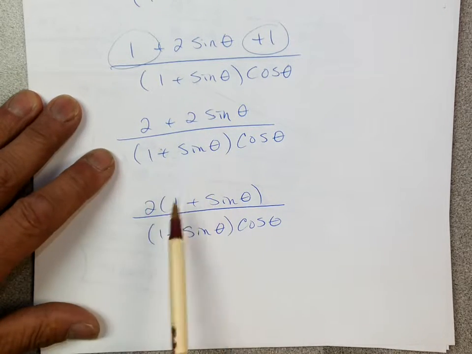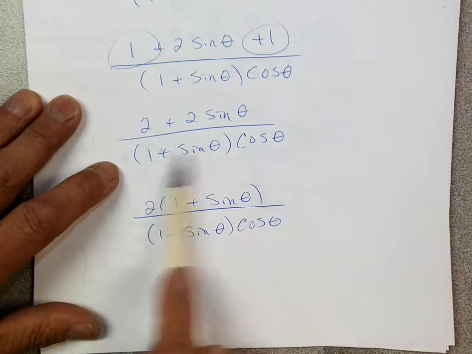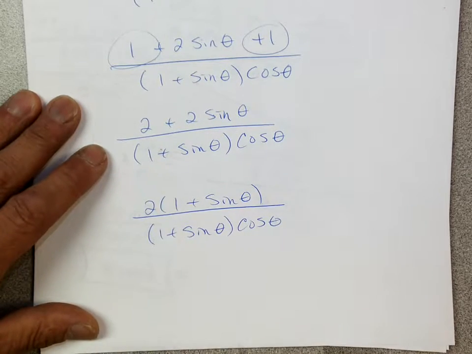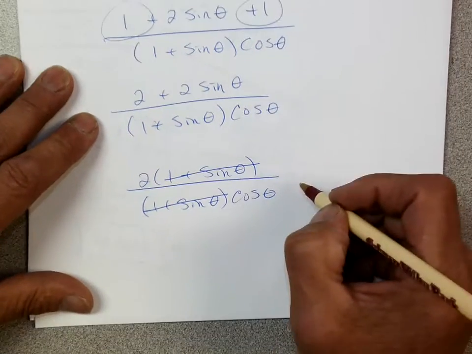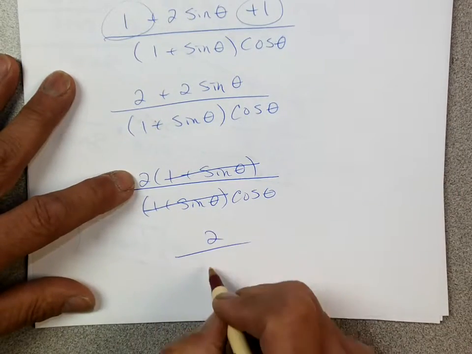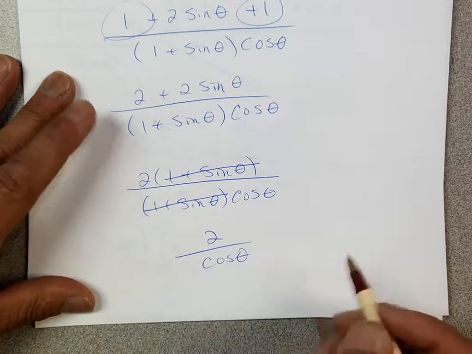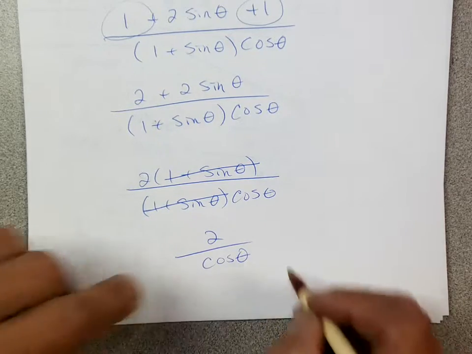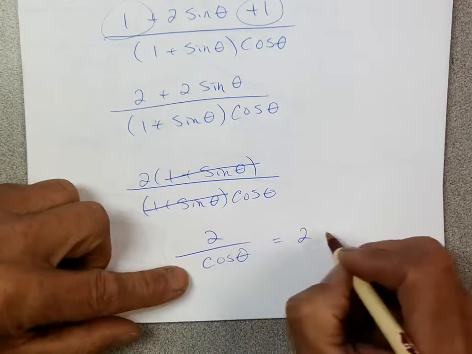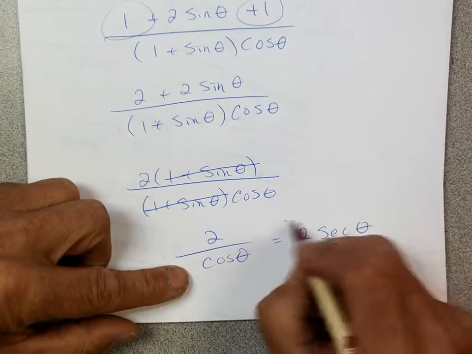If I take out the 2, I'll have a 1 plus sine, and I'll still have it over my denominator. And then cancel, boom, and I'm left with 2 over cosine theta. Now we can fix that, because if it's over cosine, it just becomes a secant, because one over cosine is secant, so I'm going to change this whole answer to 2 secant theta.